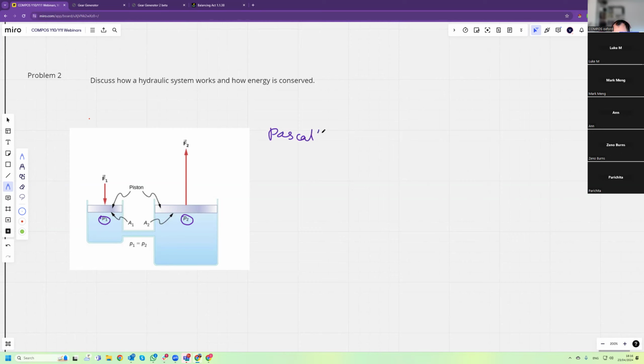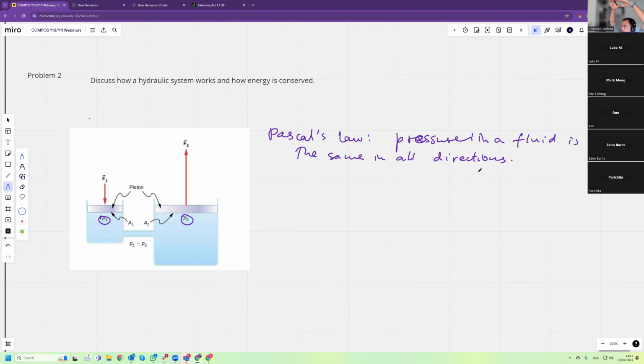Pressure in a fluid is the same in all directions. This Pascal's law does not take into account the change in depth. As you go deeper, the pressure increases.